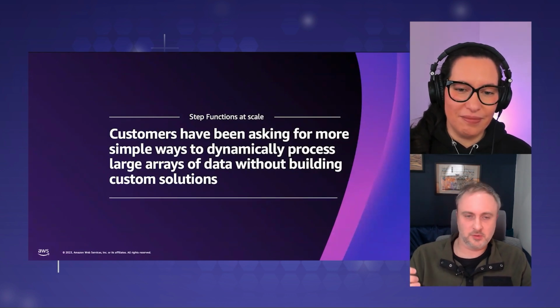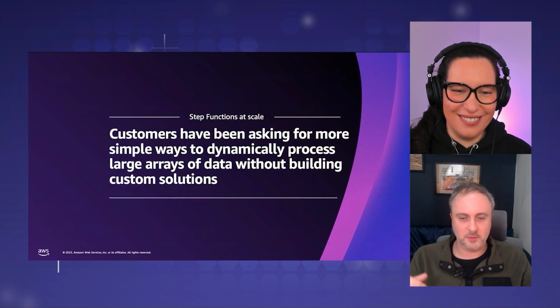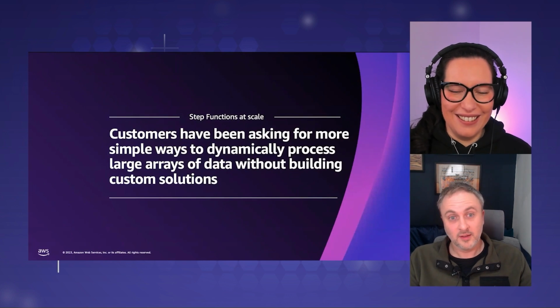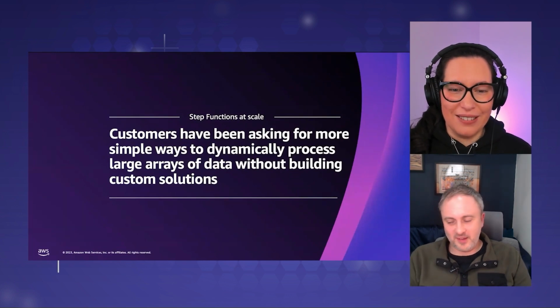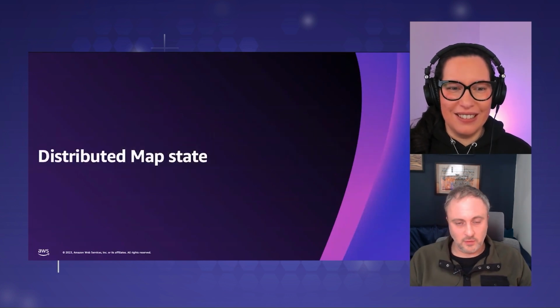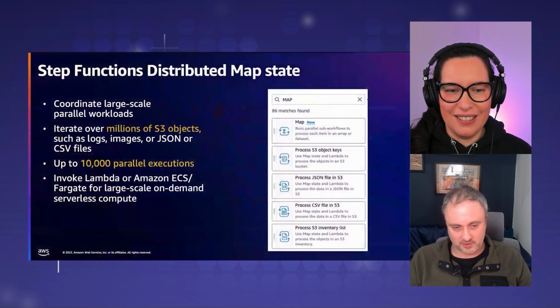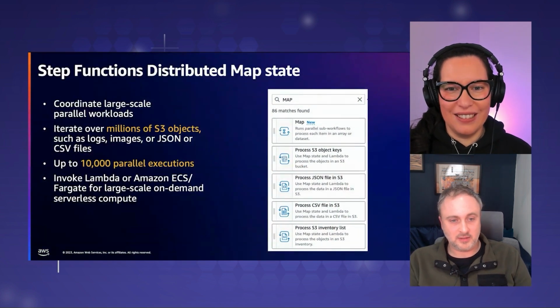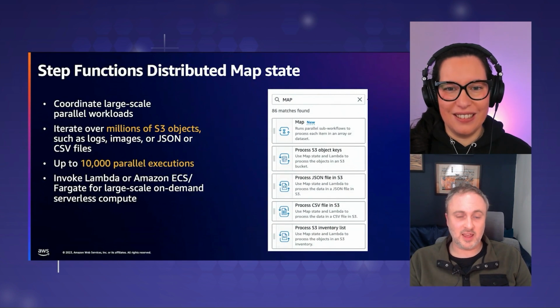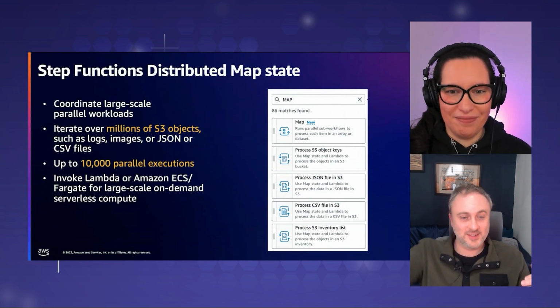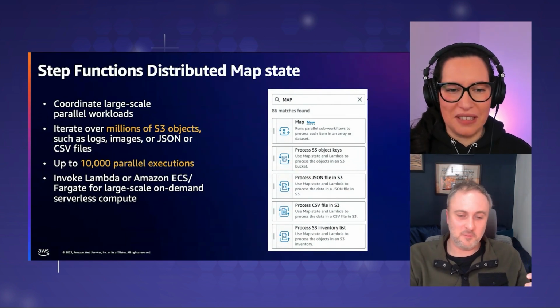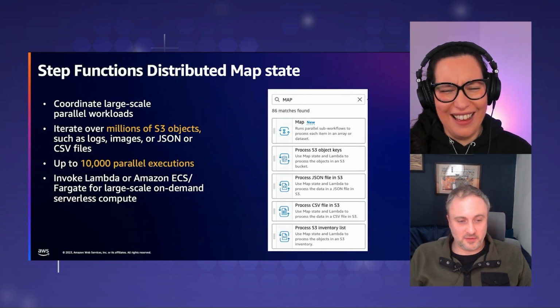And what customers were doing, they were embedding those map states within more map states, within more map states. It's quite clever, but awkward, right? So last year at re:Invent, we launched something called the distributed map state, which gives you a max parallel executions of 10,000. So we've gone from 40 to 10,000. Unbelievable, isn't it, really?